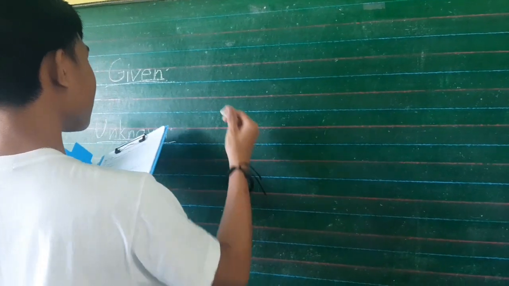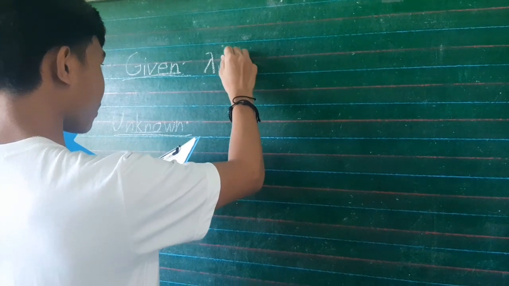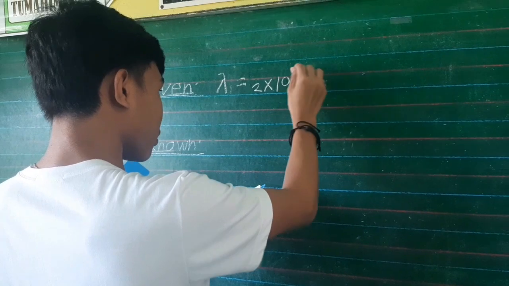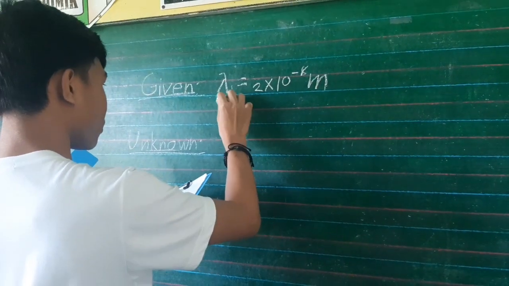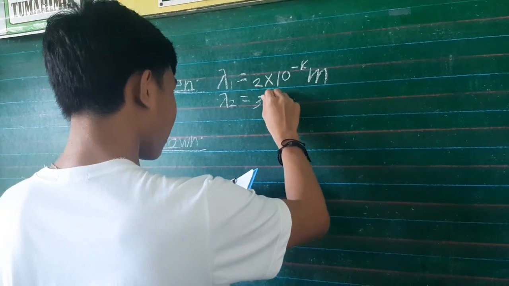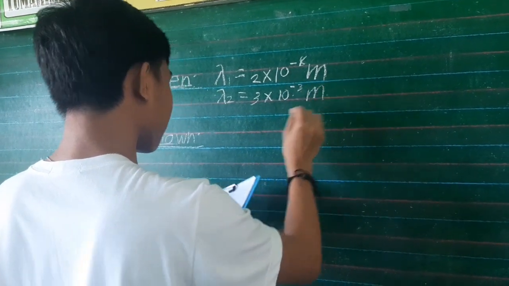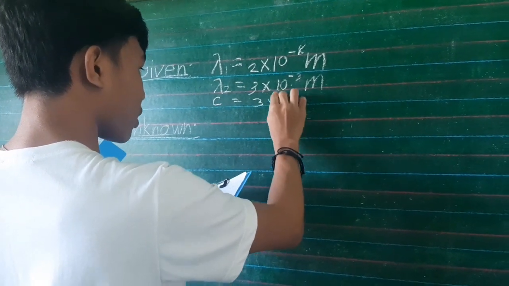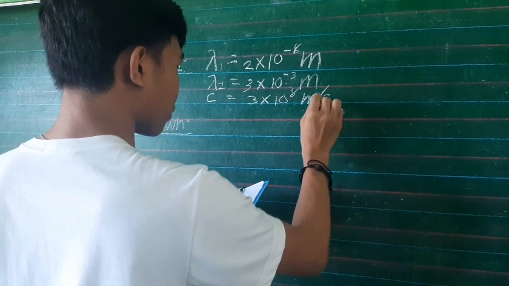First, we identify the given, which are the first wavelength, which is 2 times 10 raised to negative 8 meters, the second wavelength being 3 times 10 raised to negative 3 meters, and the wave speed being 3 times 10 raised to 8 meters per second.